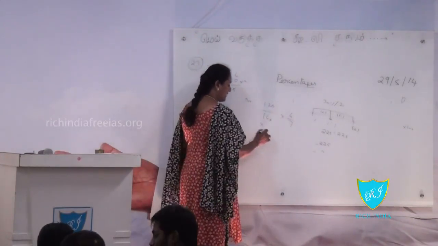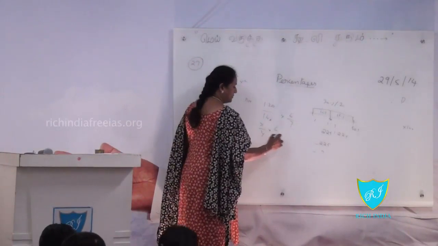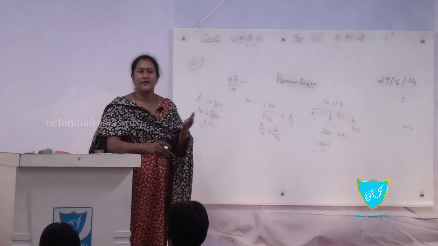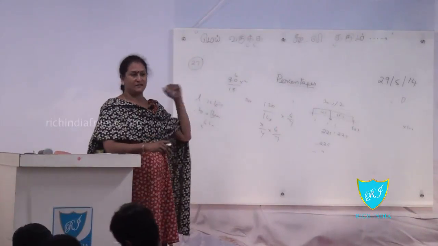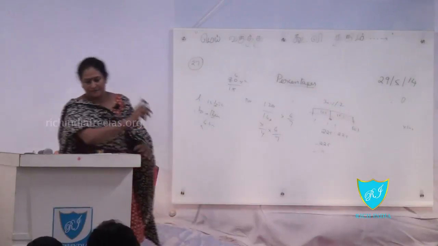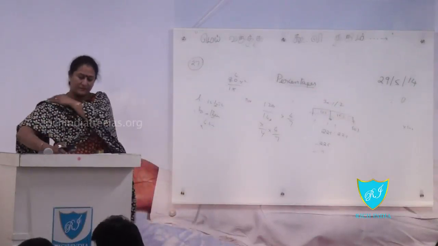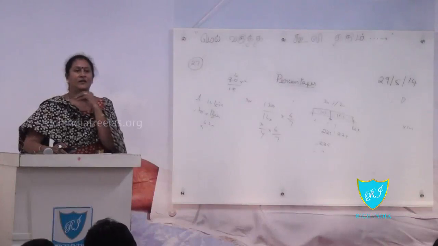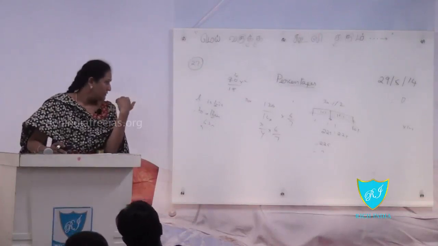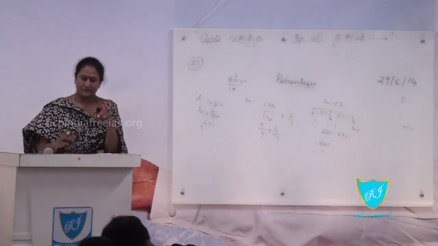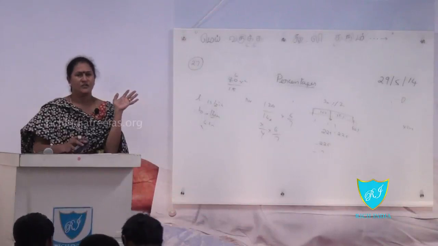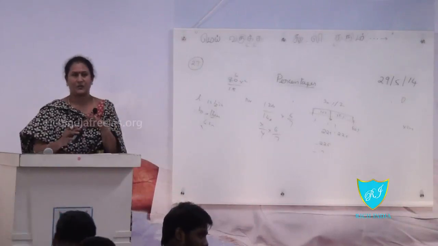So the original fraction is multiplied by 6 by 7. The reverse fraction will be 7 by 6. Did you understand? For how many times more, write one less. Here it has become less, so it is 6 by 7, and 1 minus that. Did you understand this? Okay, thank you.